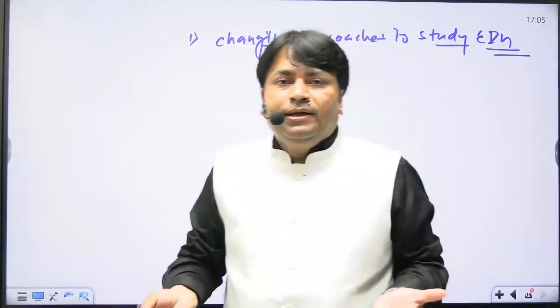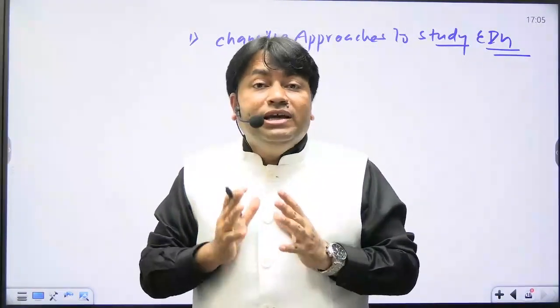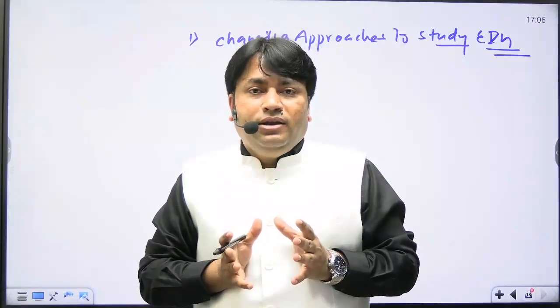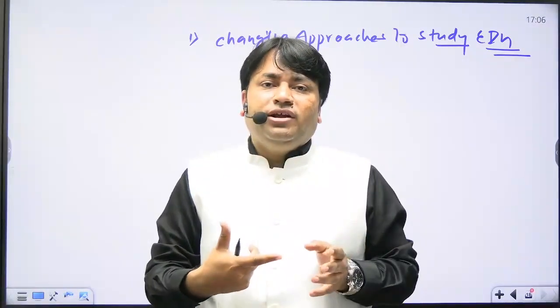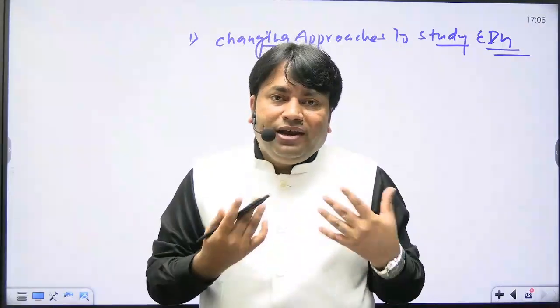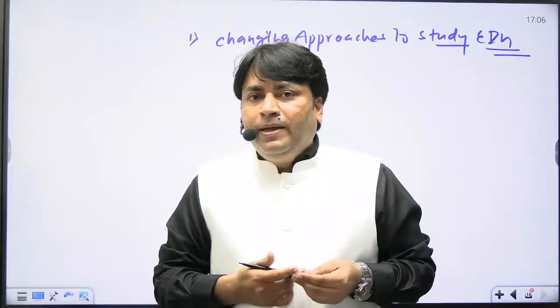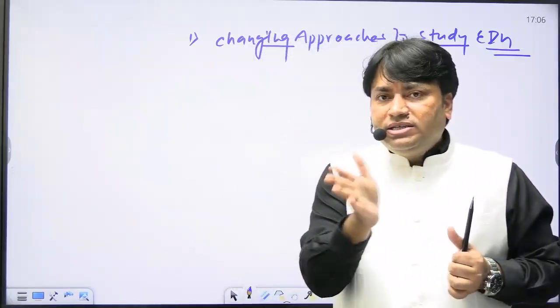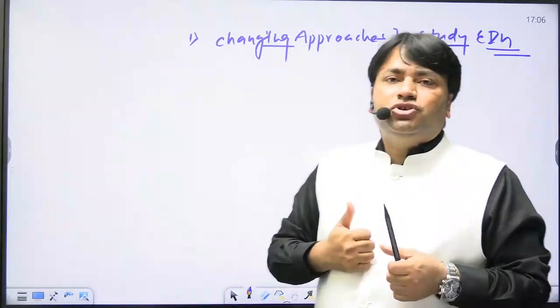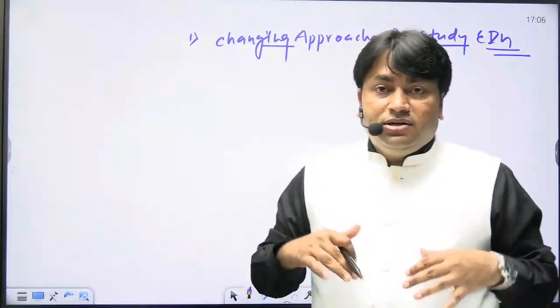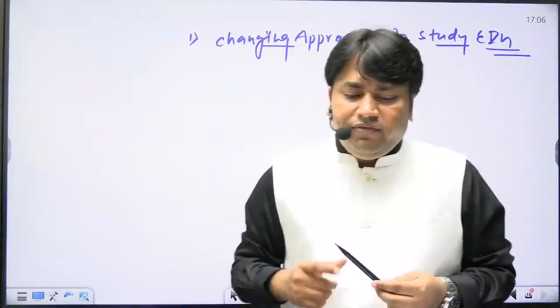Obviously, historiography knowledge is needed. If I trim the historiography classes, it is not doing justice with the history optional. That's why I am providing you 20 hours of separate recorded lectures for this historiography, so you'll be able to write the answers or tackle the questions in a very effective manner.